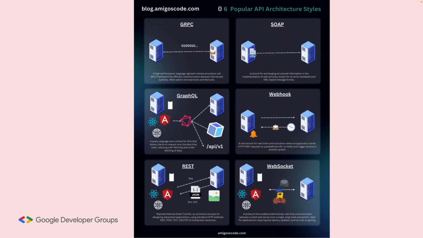Now, let's look at WebSocket. WebSocket is more like REST API, but this time for real-time communication. What WebSocket does is it's more like a pipe connected between your device and a server. In that case, you can easily send information to and fro in near real time or in real time.